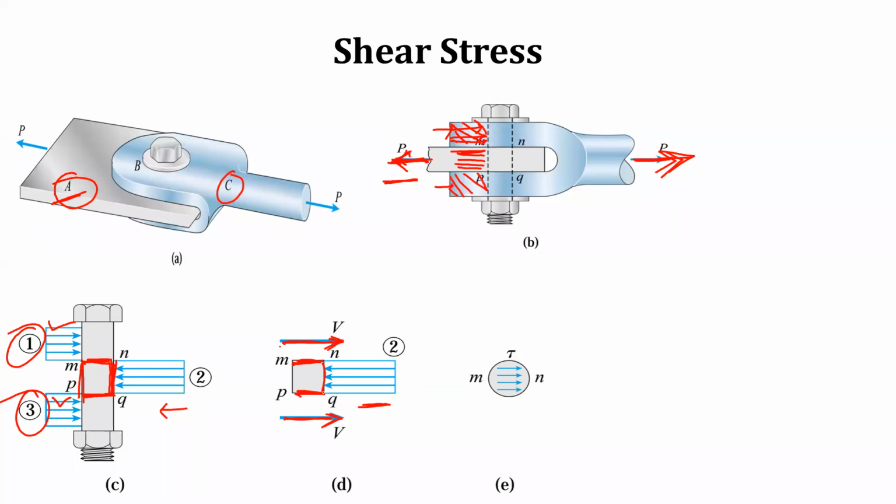In this diagram, I have shown the cross section of the bolt. If you see the top view of the bolt, it will look circular in shape.